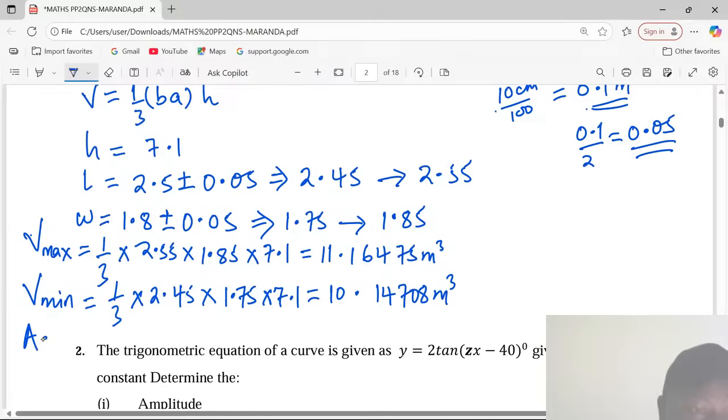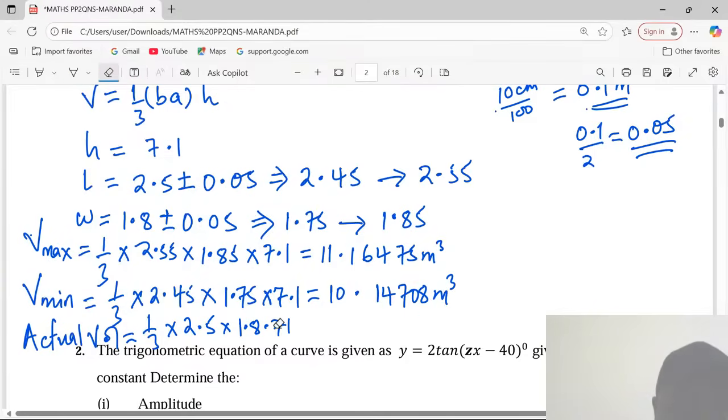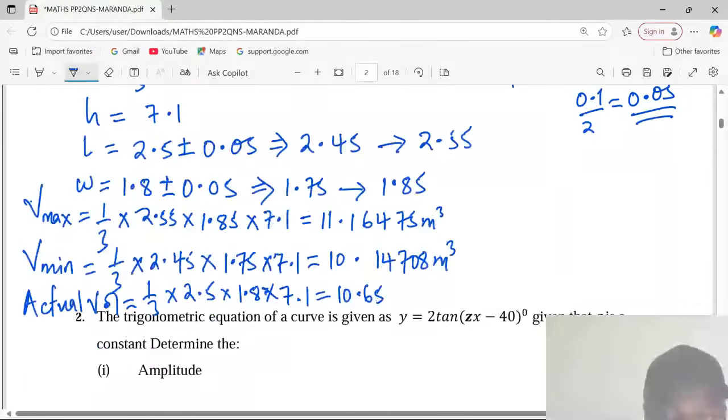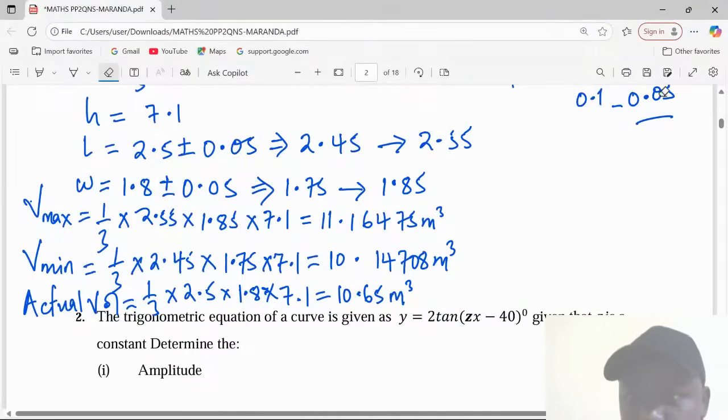The actual volume will be given by a third multiplied by the base, 2.5 multiplied by 1.8 multiplied by 7.1, and this is going to be exactly 10.65 cubic meters. So we are having a maximum, minimum, and the actual volume.